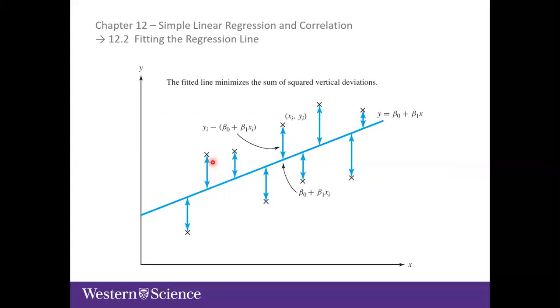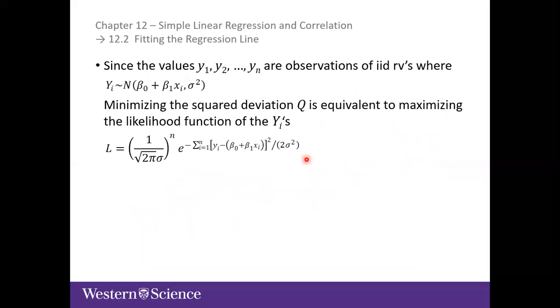Take the difference squared, and then take the sum over the entire data set, and we try to minimize. So we adjust the values of beta naught and beta 1 such that this squared error is minimized.